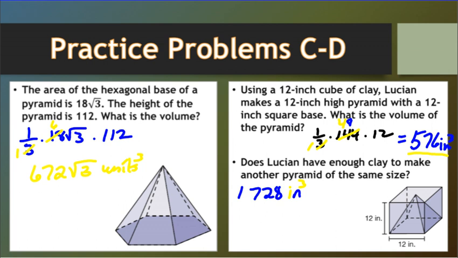If I were to take this volume and divide that by how much one of them covers up, 576, I would have an answer of 3. So does Lucian have enough to make another one? Yes, he would actually have enough to make 2 more. So he has enough to make three pyramids out of that one clay. So that is our lesson today on volume of pyramids and cones.